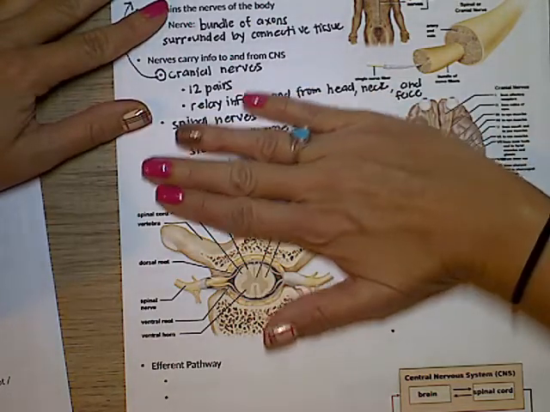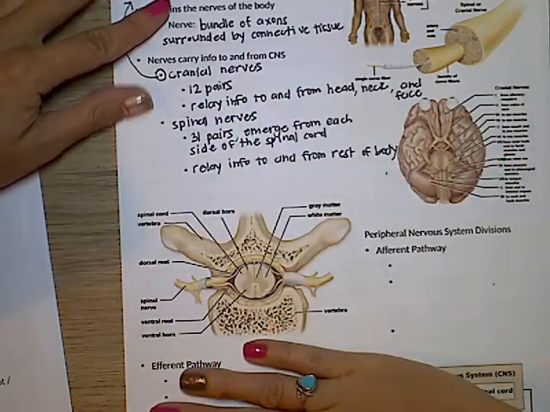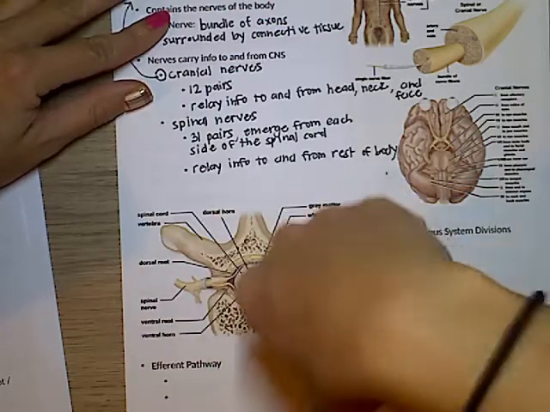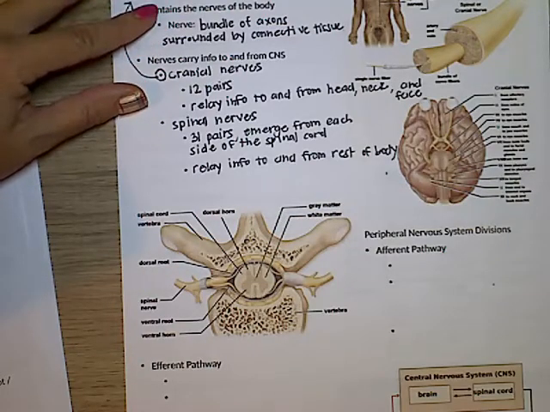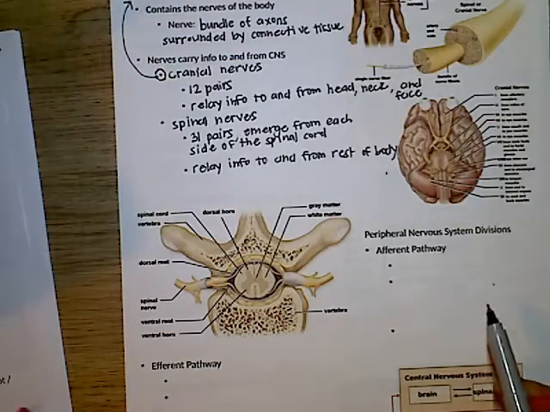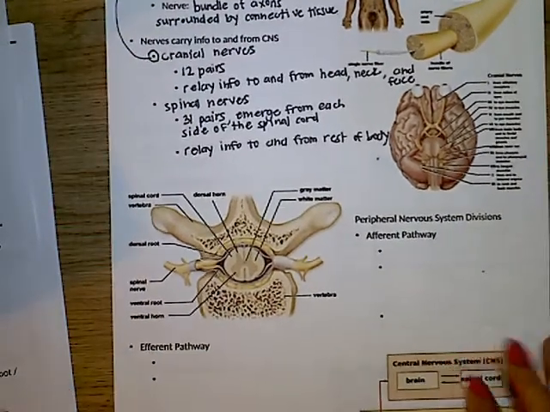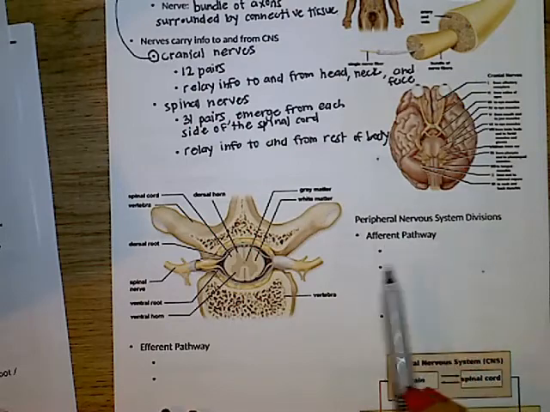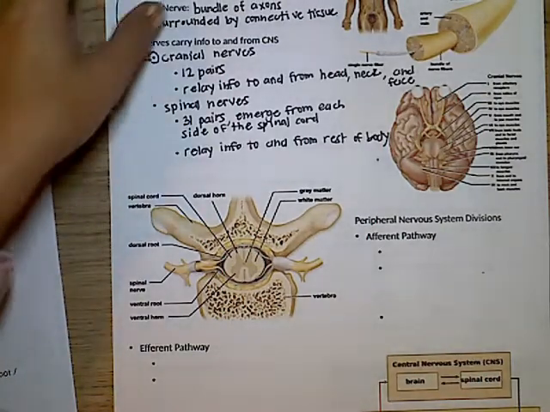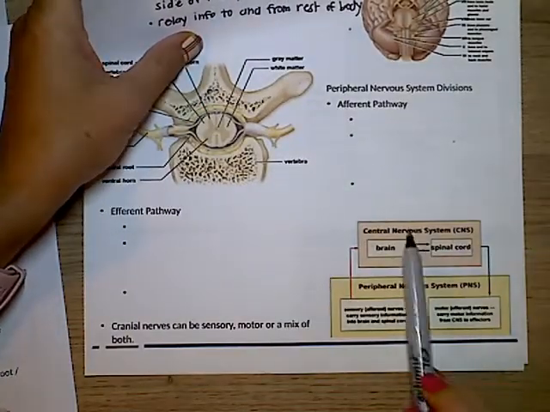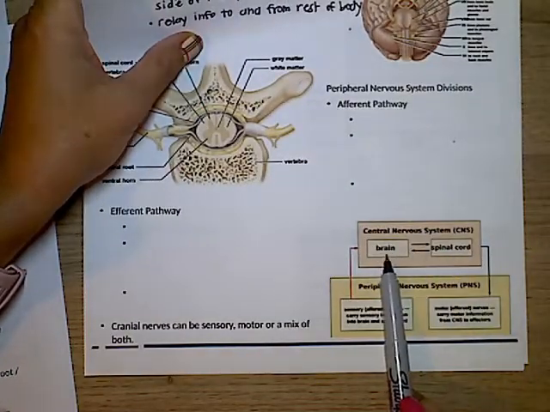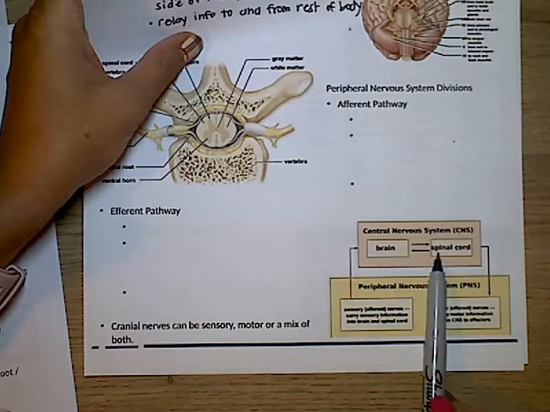Okay, so here we have a cross section of the spine and spinal cord, looking down at it from the top. We'll talk a little bit more about those parts in just a second. But the peripheral nervous system has two pathways. We looked at a picture similar to this last time, but you've got the central nervous system, made of the brain and spinal cord, and this is where you find interneurons.